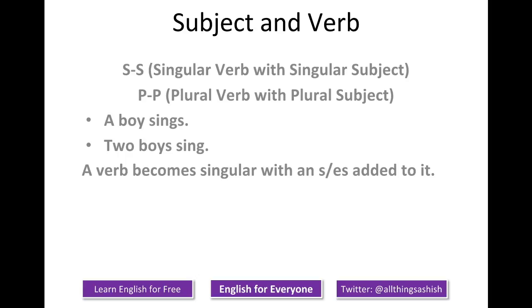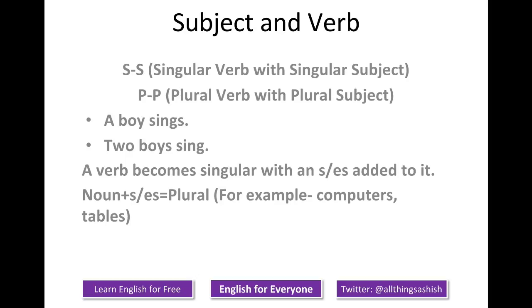It is also important to remember here that a verb becomes singular when we use an S or ES with it. And a noun, when attached with an S or ES, becomes plural.